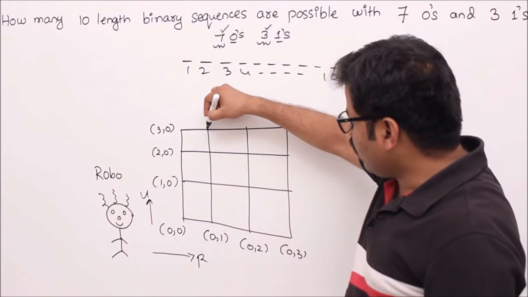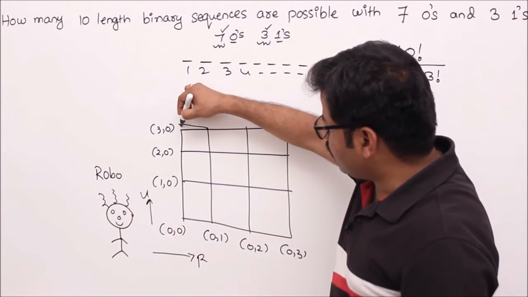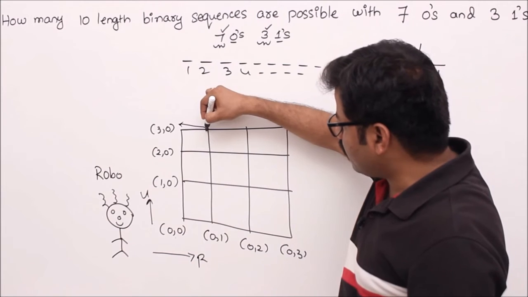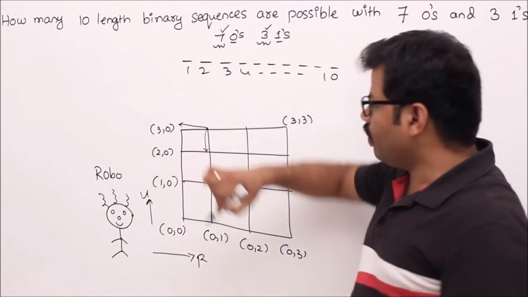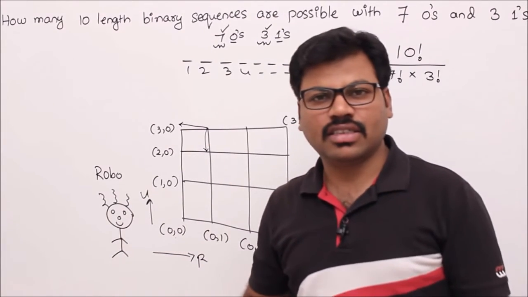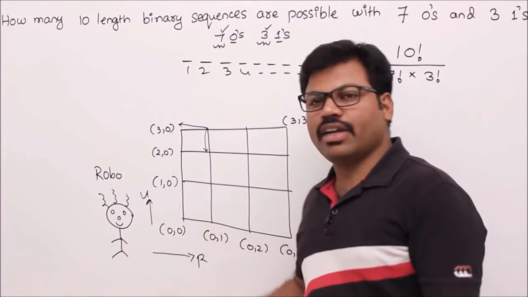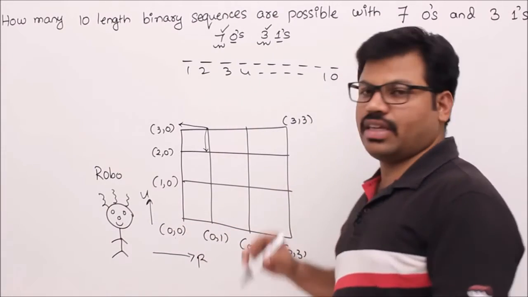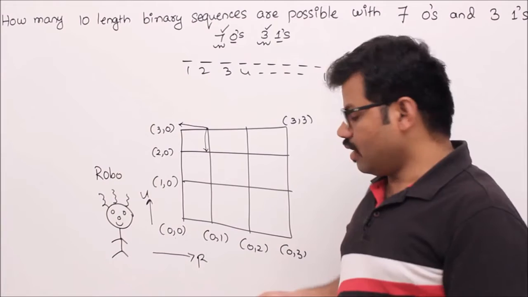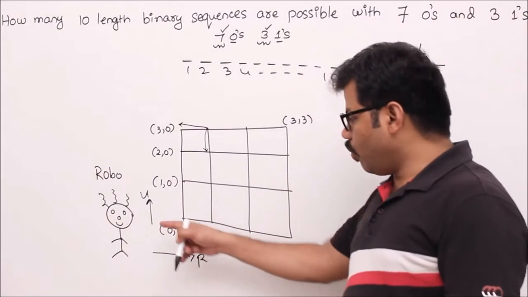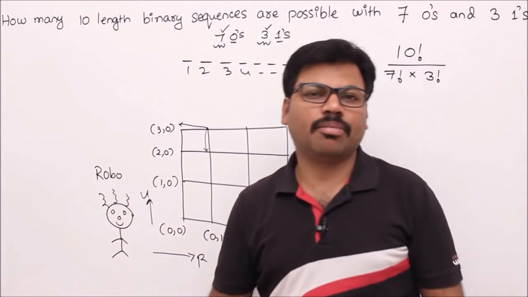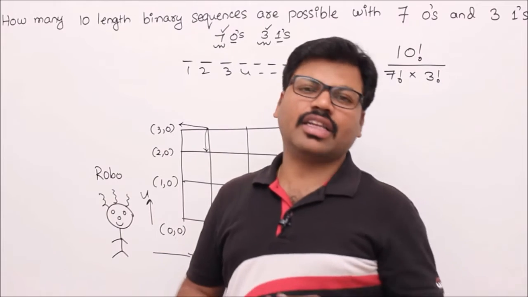So being here, let's say he cannot go back like this, and one more invalid step is going down. With these terms and conditions, how many different ways can robo move from 0,0 to 3,3? So finally, the summary is robo can move either 1 unit right, otherwise 1 unit up, but no going back, no going down.